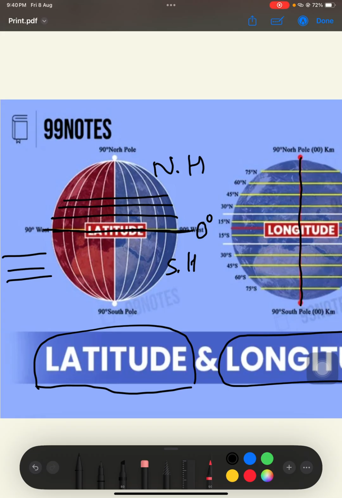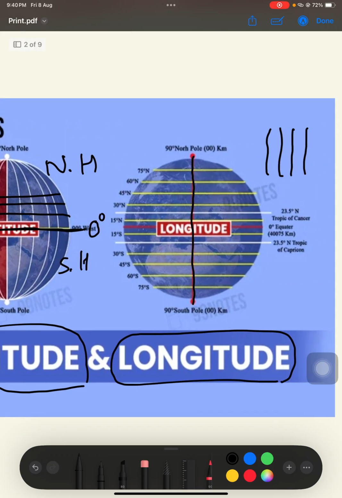And 0 degree longitude is called the prime meridian or Greenwich meridian. This 0 degree longitudinal line is called the prime meridian or Greenwich meridian.